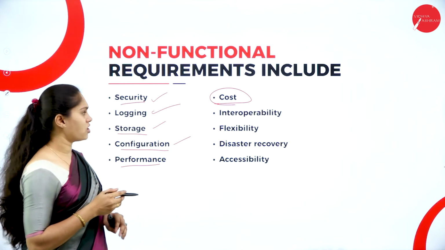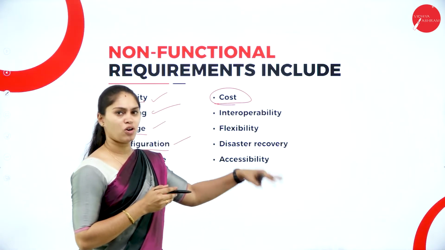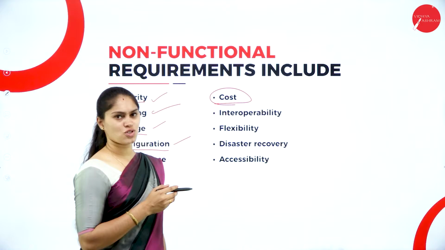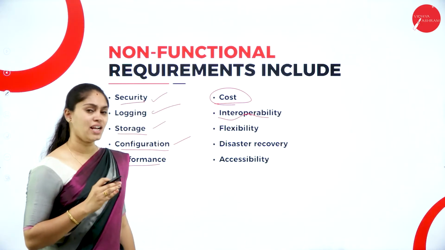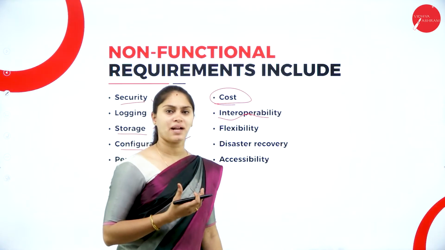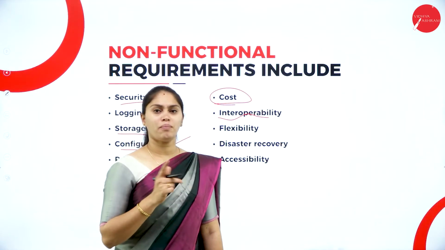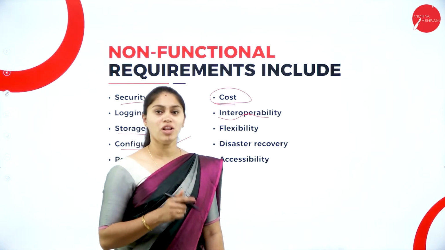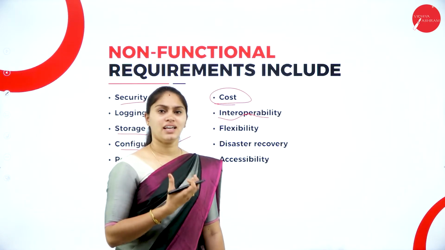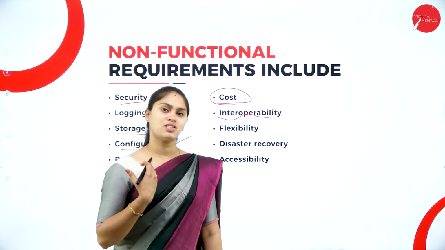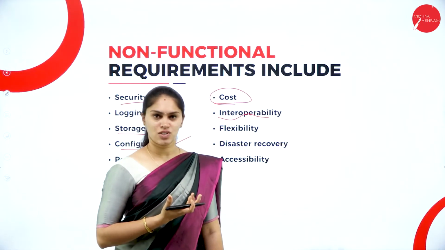We need to bother about cost also: within a given budget, the software needs to be developed. And also interoperability. When I say software, it can't be a single module. It may comprise n number of modules, and operability between one module and another is mandatory. If you don't have interoperability, then there is no functionality, and we can't do the integration test either.